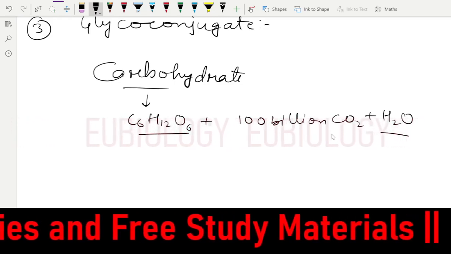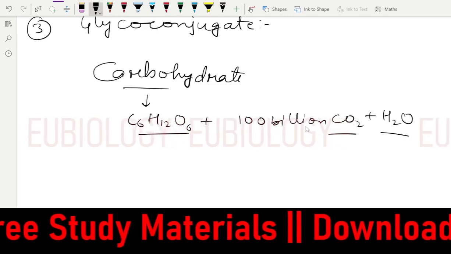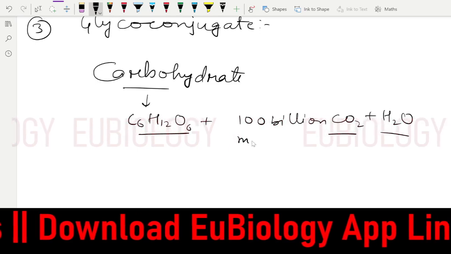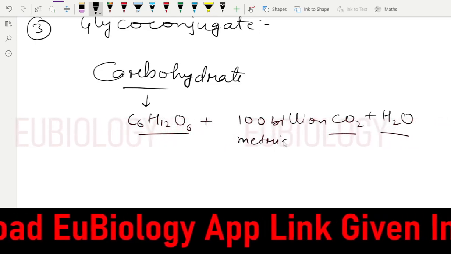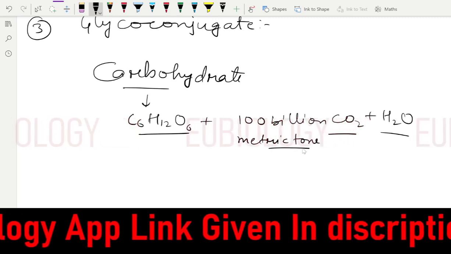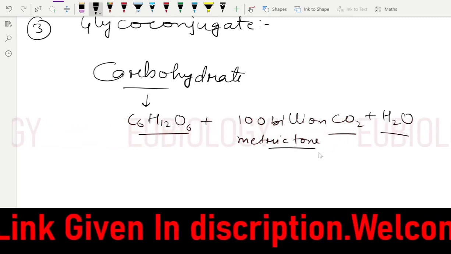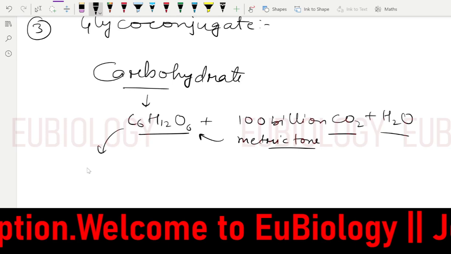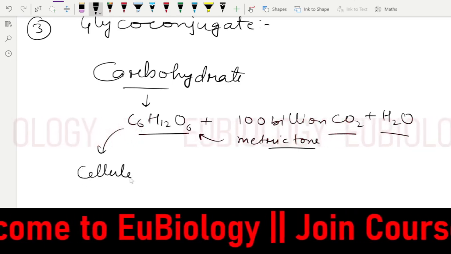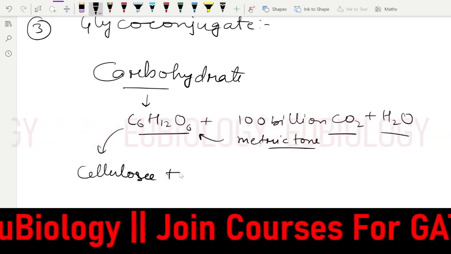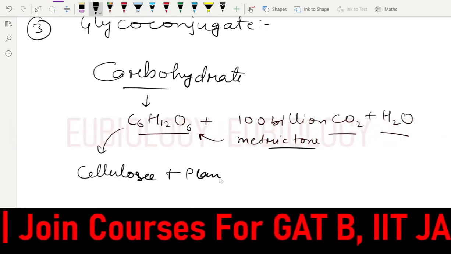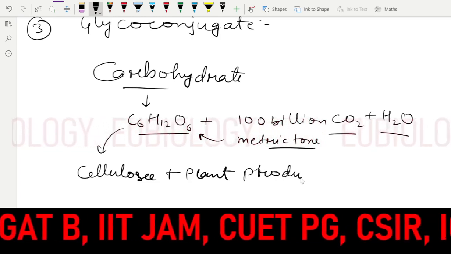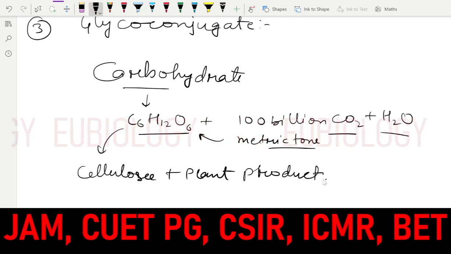They are converted into glucose, and this glucose is converted into cellulose or other plant products. So this is a very fascinating thing.